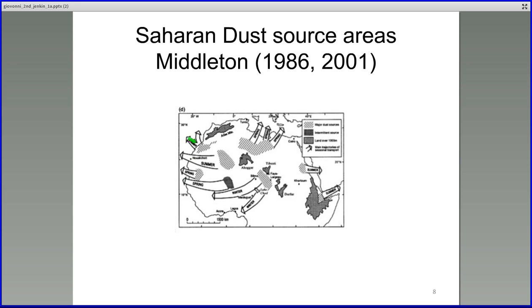In addition, we see dust sources to Europe. That typically happens during the winter and spring seasons. And then finally, we have dust down towards the coastal zones from this large source, which is the Bodélé Depression. This is the largest dust source in the world that brings dust down to coastal West Africa during the winter and spring season.